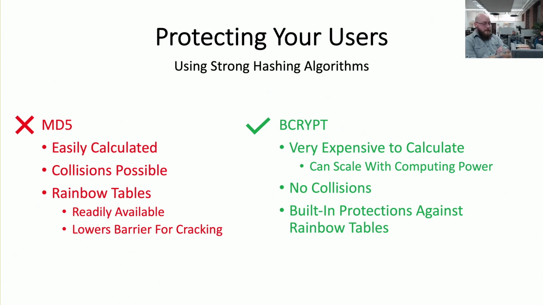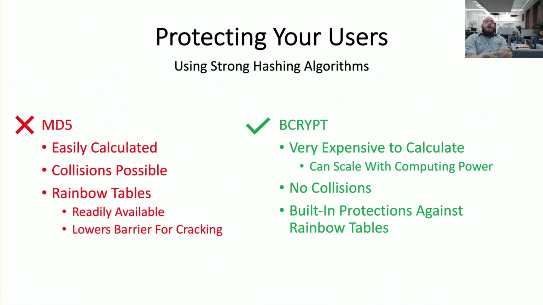A rainbow table is basically a pre-calculated database of passwords and their equivalent hash that negates the entire need for a GPU or supercomputer to generate those hashes and compare them. It's just a normal database at that point, that you can throw your hash against, check it, and it will spit out the password. So this lowers the barrier for cracking.